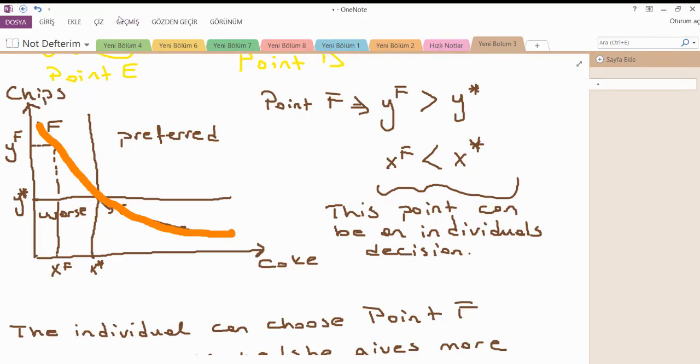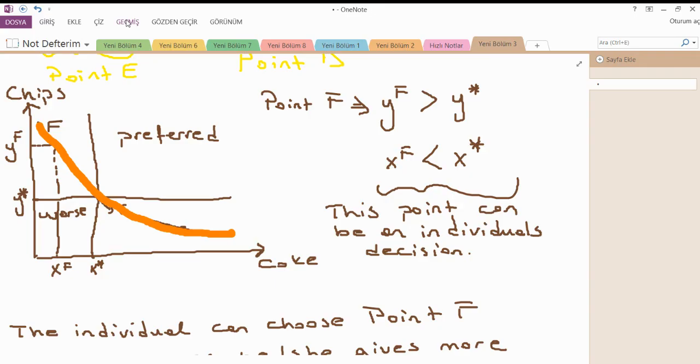I'm going to give the definition of the indifference curve, but please understand that on every point of the indifference curve, the individual is going to get the same utility level, same happiness, same satisfaction. For example, for me, I am okay if I eat 2 plates of chips and 2 Cokes, okay? But I can also be as happy as the first choice if they give me, for example, 4 chips and 1 Coke.